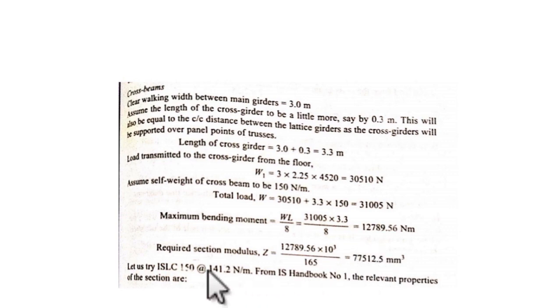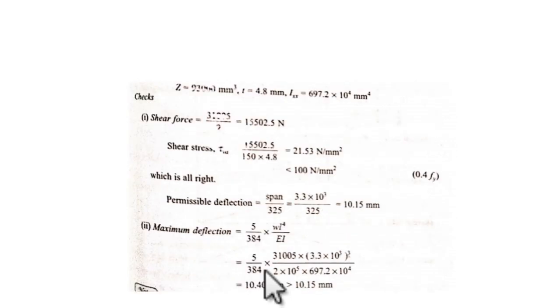So now let us try ISLC 150, at the rate of 141.2 Newton per meter. From IS handbooks, from these channel sections, we get the relevant properties. The shear force, what is the shear force?